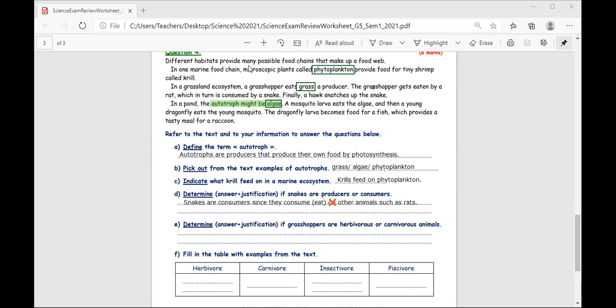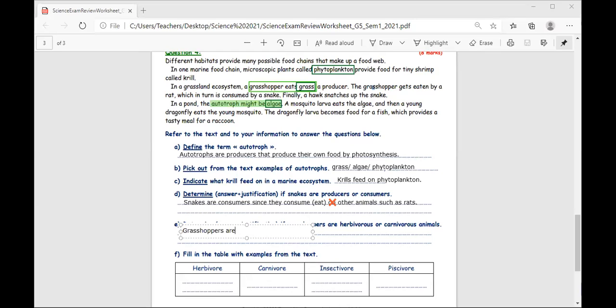What do grasshoppers eat? Grasshoppers eat grass. So are they herbivorous or carnivorous animals? Herbivorous.